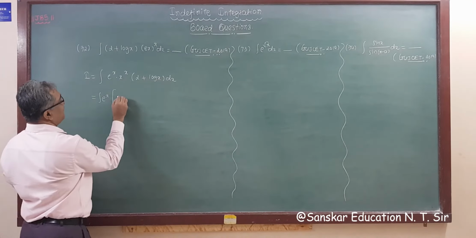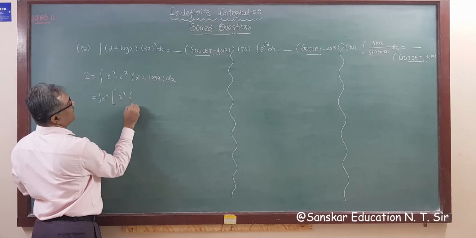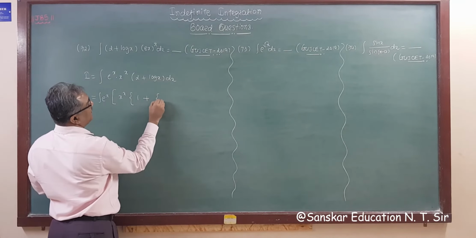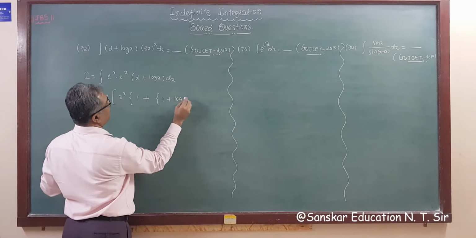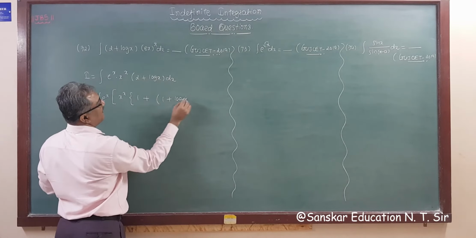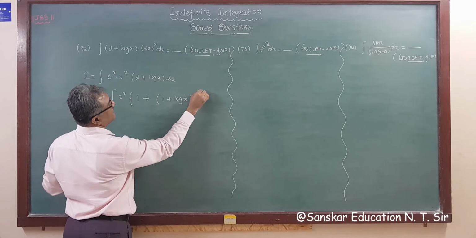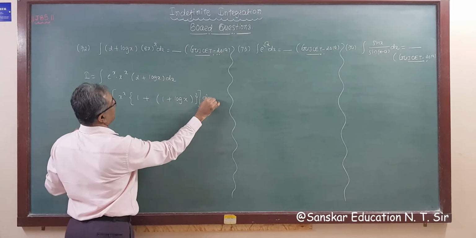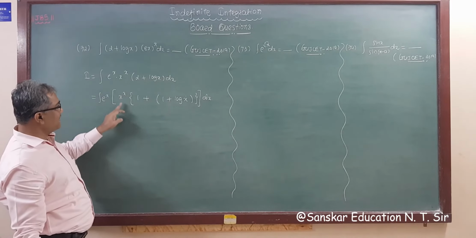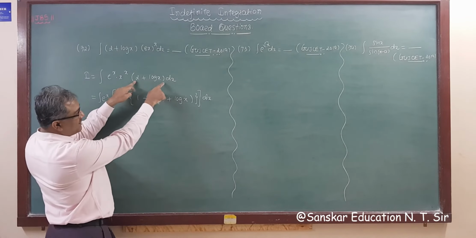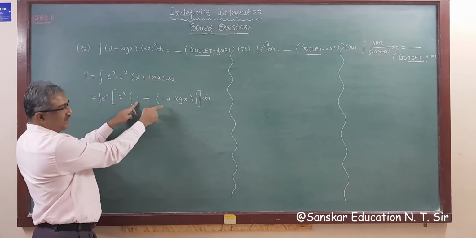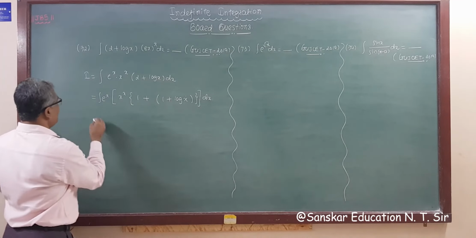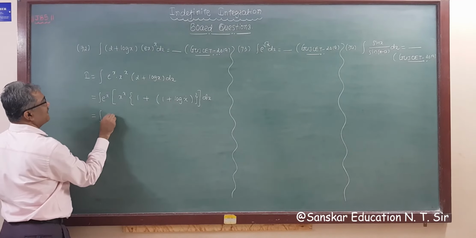So can I do like this, x raised to x, and this as 1 plus log x, I'm writing this. Proper bracket is essential, dx. So keeping x raised to x as it is, and instead of this 2 plus log x, I am writing 1 plus 1 plus log x.